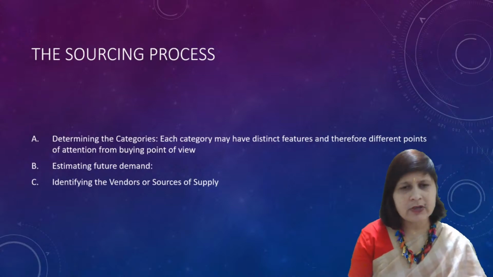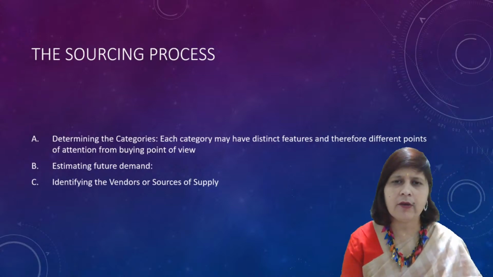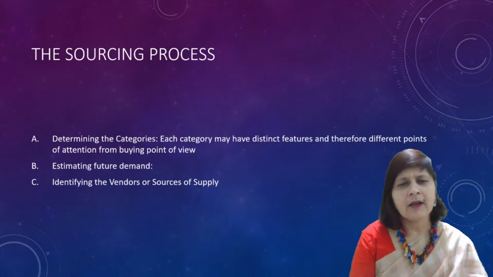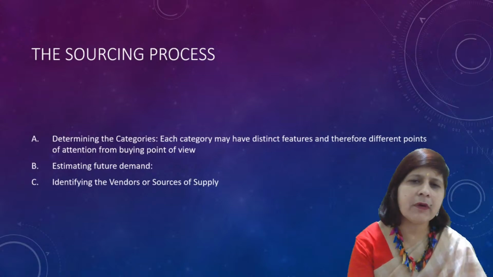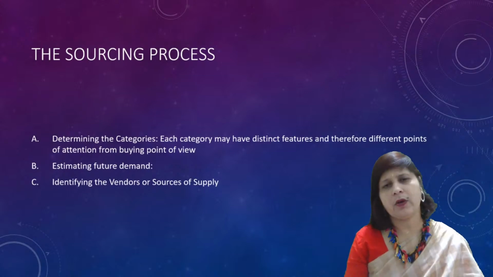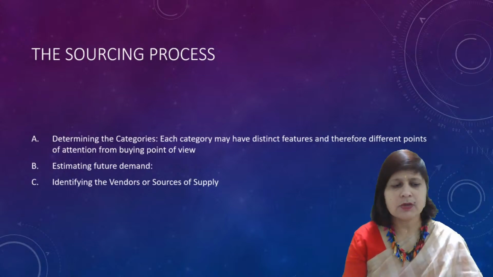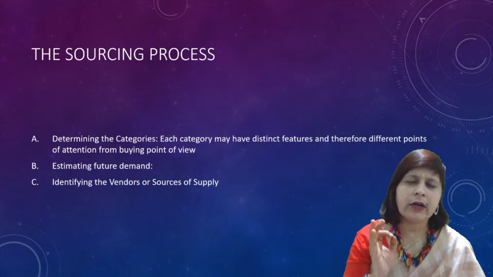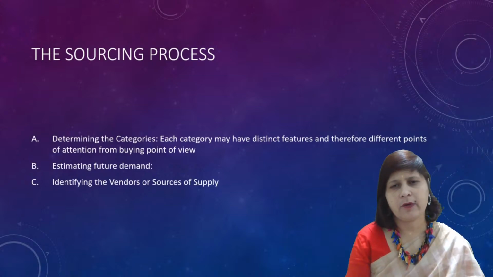Suppose if you have invested some money in any of the product, in X product, and that product is not moving, then your money is blocked. You're not earning profit. In fact, your money is blocked. You're making losses. So it is very important to determine the demand for the product.